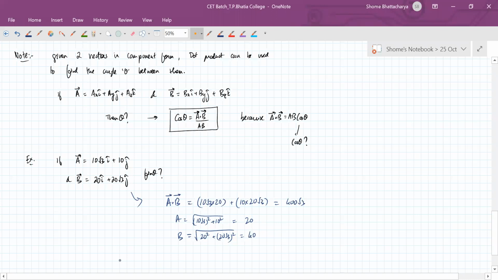Okay. So therefore, cos theta is equal to A dot B upon AB. Okay. So theta will become 30 degrees. Okay, just make a note of this, people.